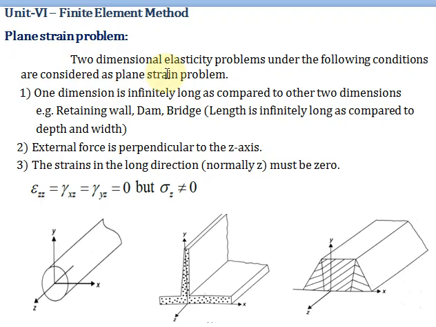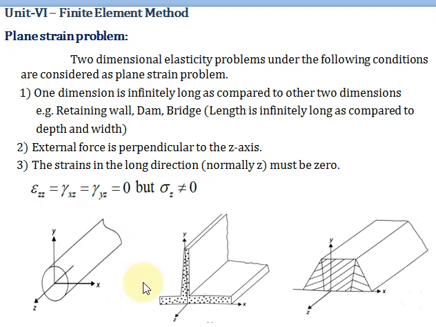A two-dimensional elasticity problem under the following conditions is considered a plane strain problem. What are the conditions? The first condition is that one dimension is long as compared to the other two dimensions.